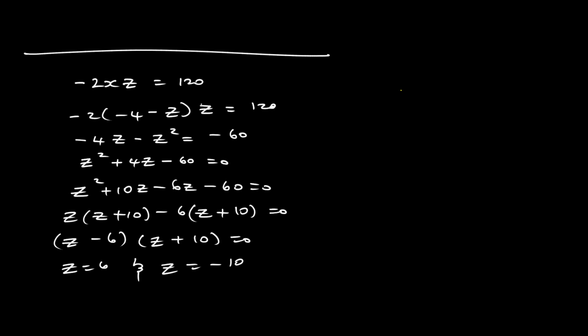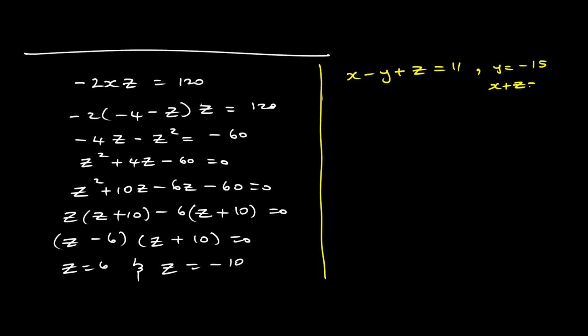And in finding our value for x, we'll be using this equation. Let me draw a line here. So we'll be using this equation. Bear in mind that y is equal to negative 15, and x plus z is equal to 11 plus y.